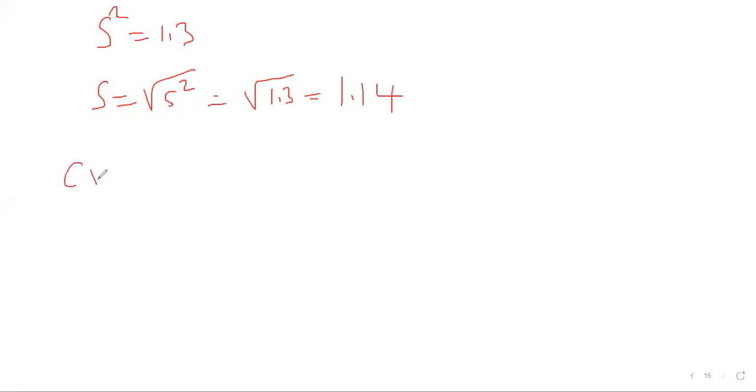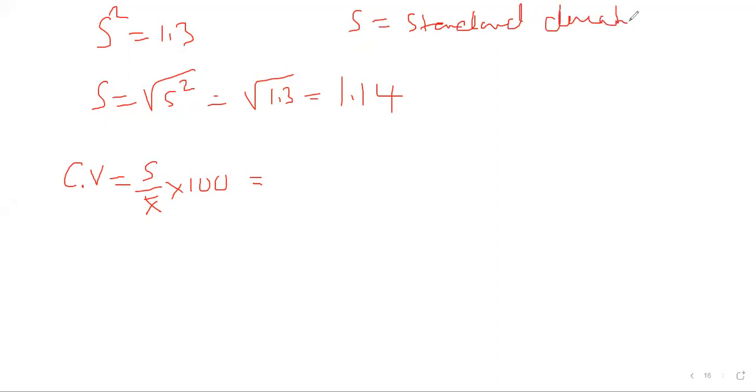And we also have what we call the coefficient of variation, CV, given by the standard deviation over the mean times 100. The s on top means what? Standard deviation. And s squared means what? Variance.